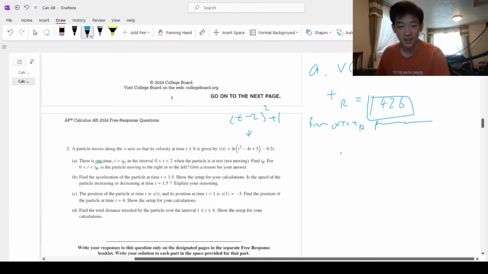You can also plug in v of 1, and you'll get a positive number, like 0.49.